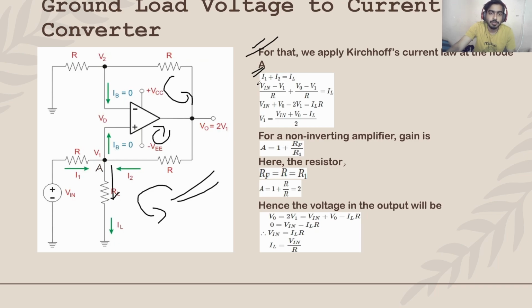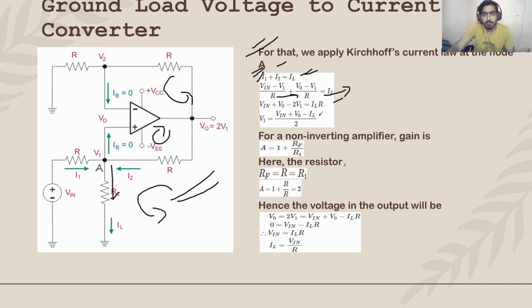From here, we can substitute the values of I1 and I2, which are (Vin minus V1) by R and (V0 minus V1) by R, which is equal to the load current. From this, we cross multiply, moving R to the right hand side, and we get Vin plus V0 minus 2V1 is equal to ILR.